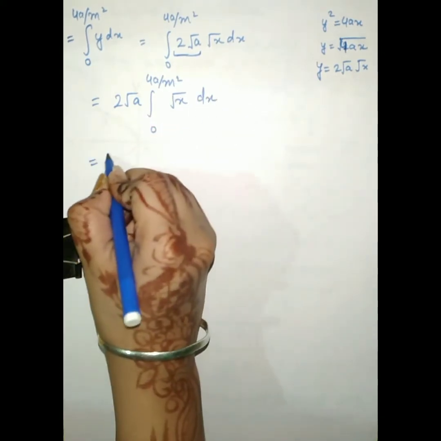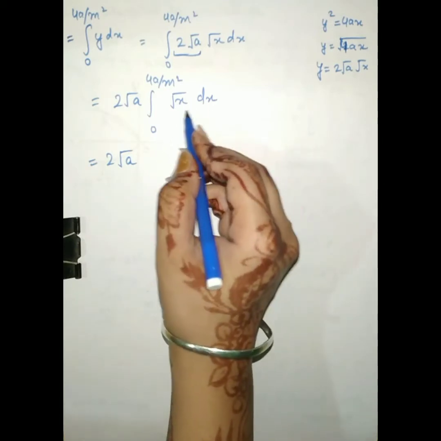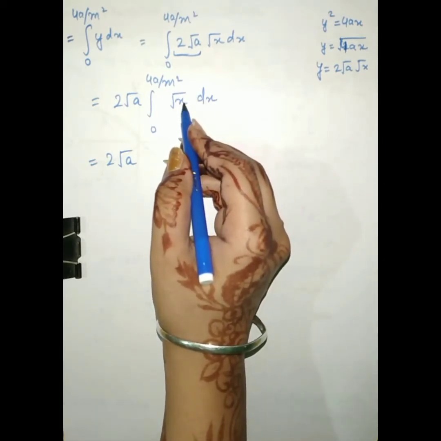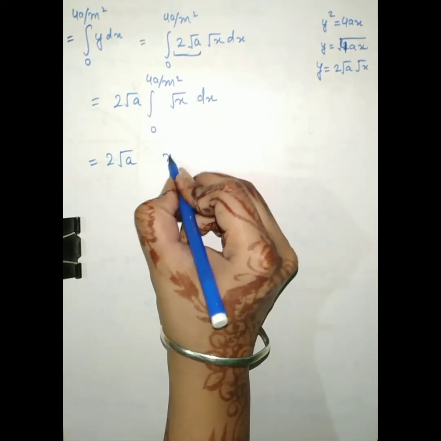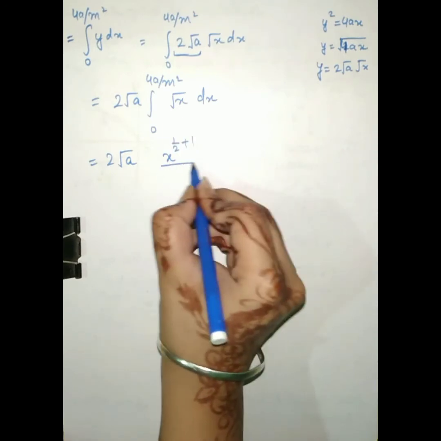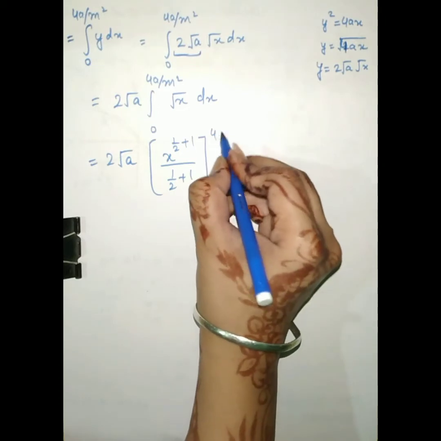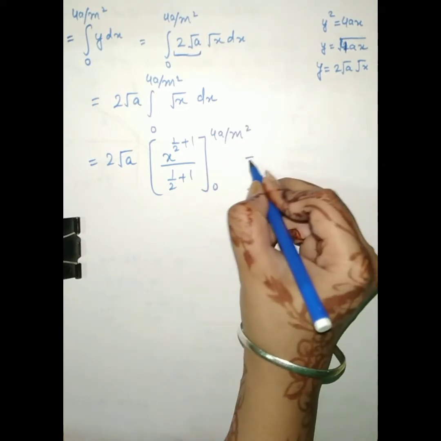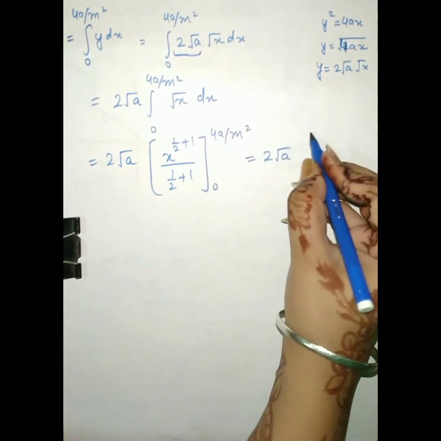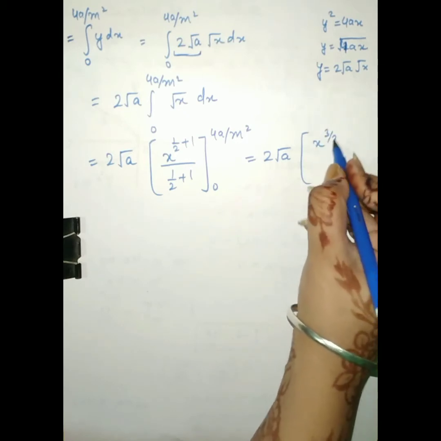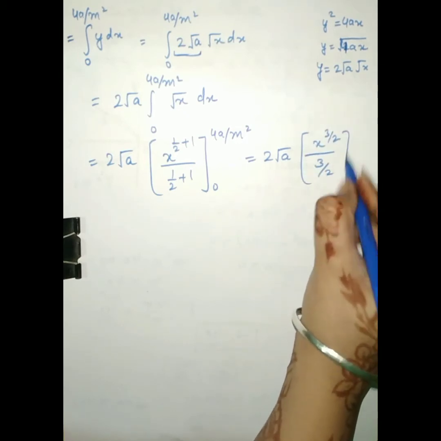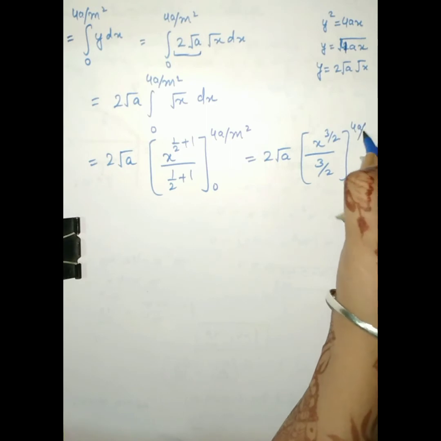That means we get 2 root of a, and if we integrate this root of x, then we get x raised to the power 1 by 2 plus 1 upon 1 by 2 plus 1, limit from 0 to 4a upon m square. That means it will become 2 root of a, x raised to the power 3 by 2 upon 3 by 2, limit 0 to 4a upon m square.